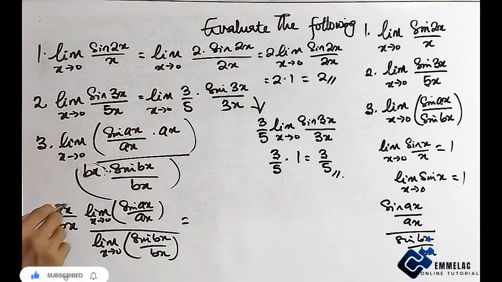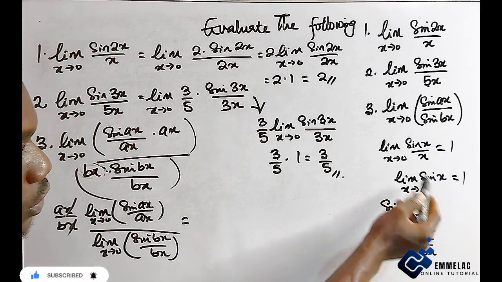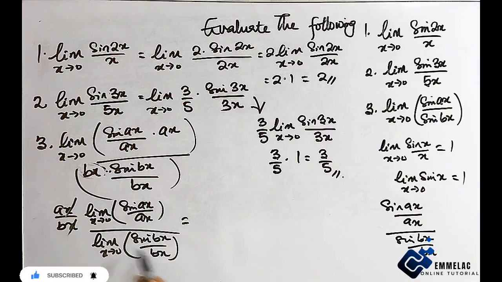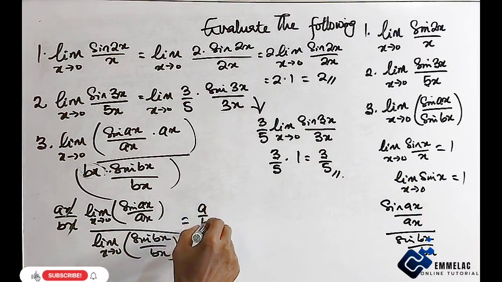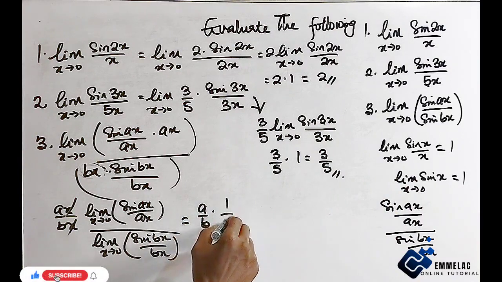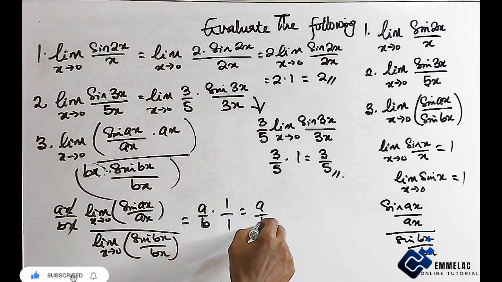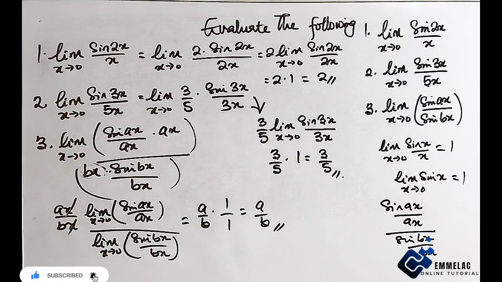In this case, x will eliminate x, and the whole of this function according to this rule is 1, and the whole of this function is also 1. So here you have a all over b times 1 over 1, which gives us a over b. Final answer.